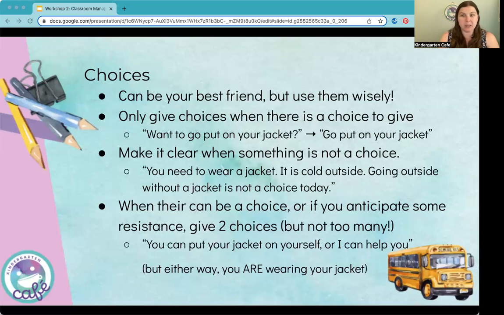But either way, you're putting on the jacket, right? So when you think that someone will have some resistance to what you're saying, pull out the choices. They're your best friend, right? Or when you're doing work time, you can use crayons or markers. It just makes it way more motivating and engaging for students.